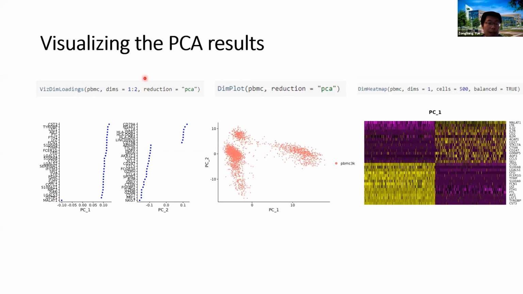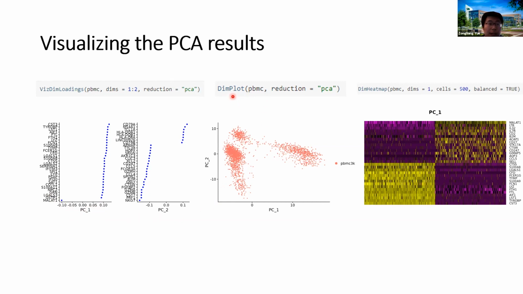To visualize the PCA, you also have multiple ways. The first is VizDimLoadings, where the rows represent the genes, and the x-axis shows whether there is a positive or negative correlation in this principal component.